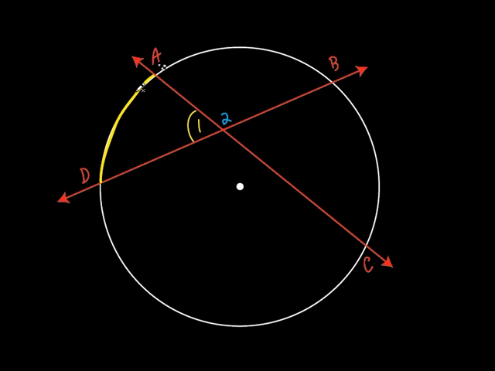So angle 1 cuts off this arc AD, but watch, if this is angle 1, so is this, because they're vertical angles, aren't they? We shouldn't really name 2 different angles the same name, but for the sake of making this a little easier, I'll call this angle 1 as well. So if this is angle 1, this is angle 1, and it cuts off this arc over here, arc BC.